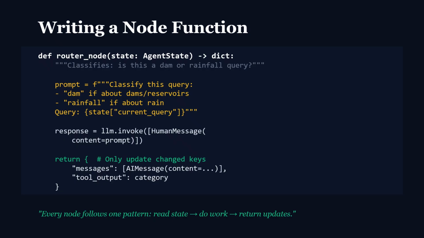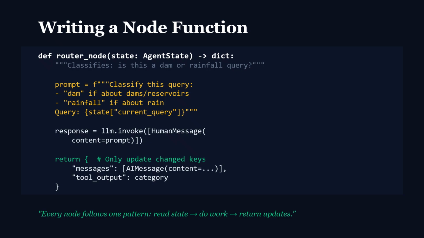Step 3. Return a dictionary with only the keys you want to update. We add a new message to the messages list and store the classification in tool_output so the next node can use it. Notice, we do not return all the state keys, just the ones we changed.